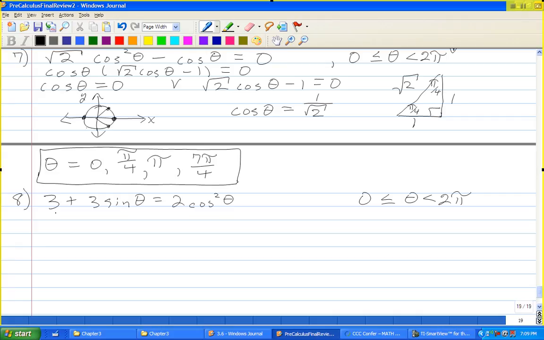And so I have 3 plus 3 sine theta is 2. Sine squared plus cosine squared is 1 by Pythagorean theorem. So cosine squared is 1 minus sine squared. Distributing the 2.